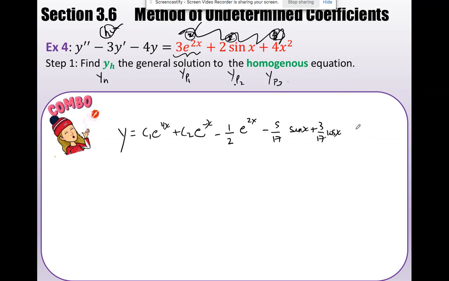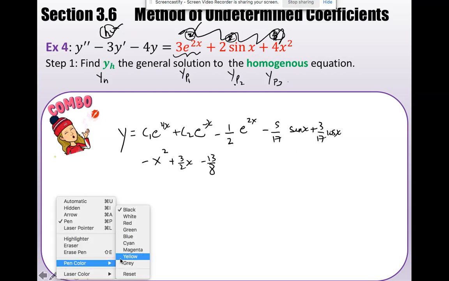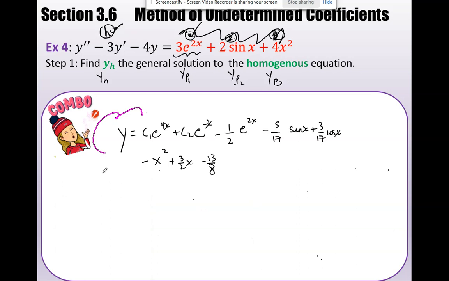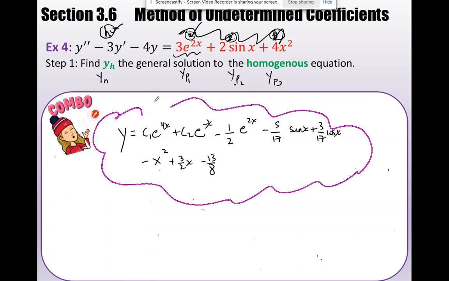And then we had the third one, where a was x squared, b was 3/2 x, and c was negative 13/8. Whoa. What now, you say? Mic drop.